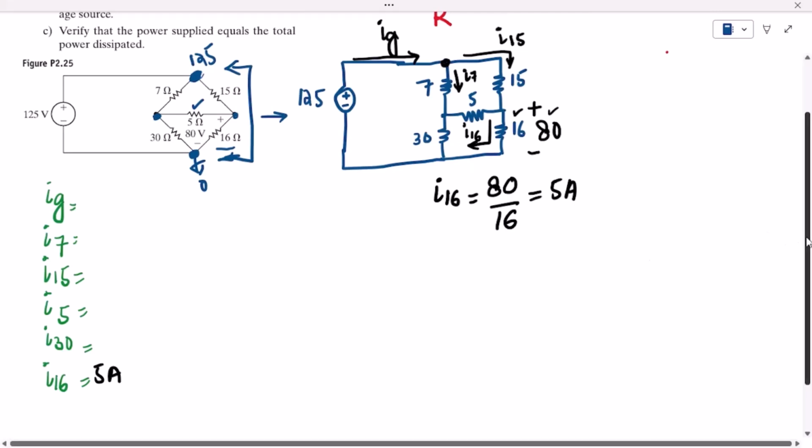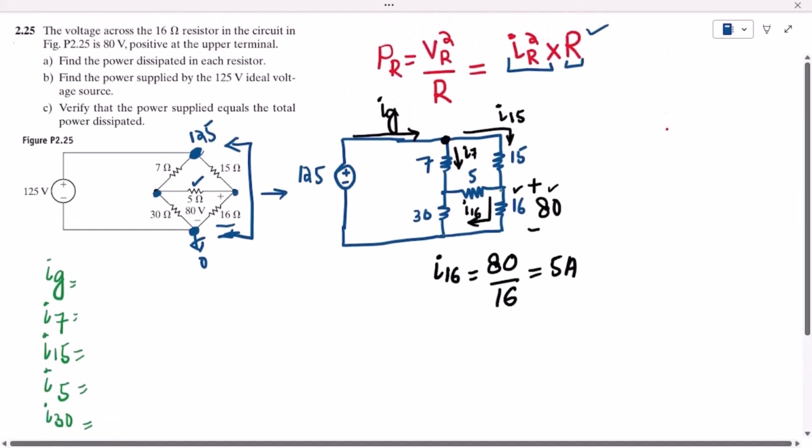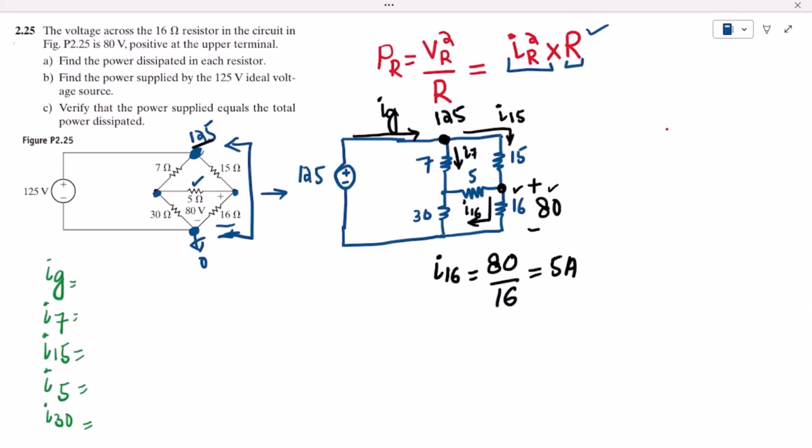Now as this current is known and this voltage is also known, we have already known that the voltage here was 125 volts. So at this point the voltage is 125, therefore this is also 125. This voltage is 80, this is 125, so the potential difference is known here, which is 125 minus 80.